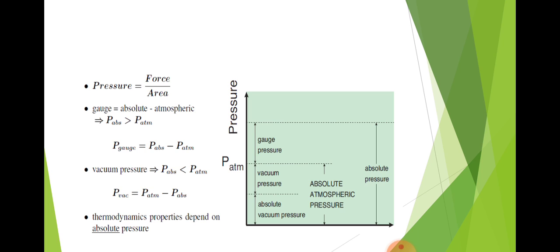Suppose the manometer indicates a reading of H millimeters as the difference between the mercury levels in the two limbs of the U-tube manometer. At that time the pressure of the gas P is balanced by the atmospheric pressure, which we consider as P atm, means P atmosphere.